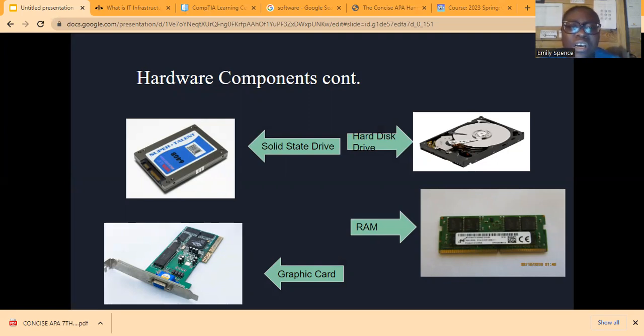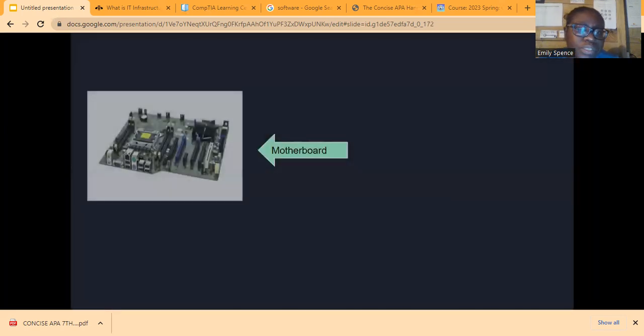It provides non-volatile storage, therefore data is stored even when the power is turned off. Solid state drive, that's the SSD, is designed to function as a HDD. The motherboard is a printed circuit board with slots for all the hardware components. It is what links them all together.